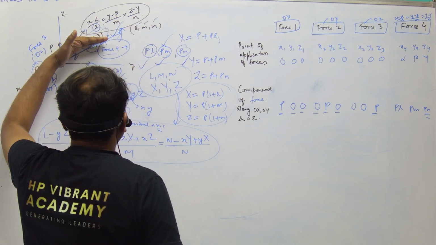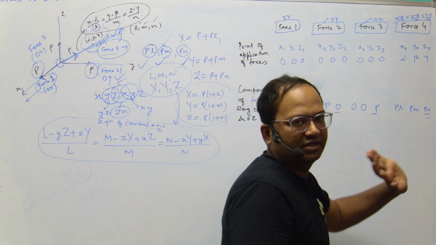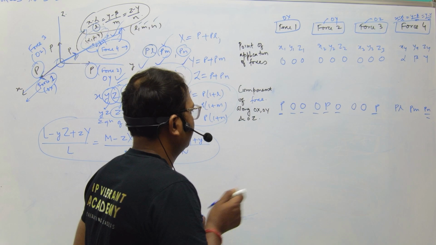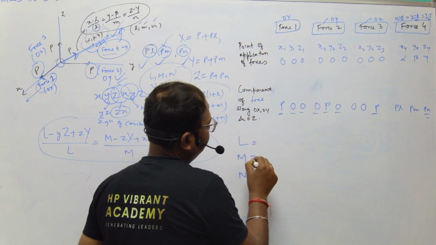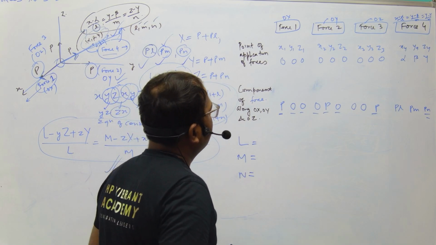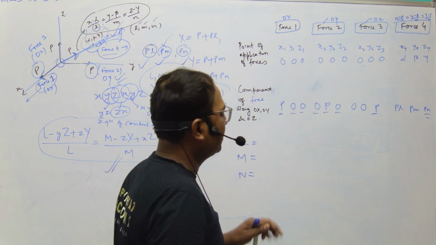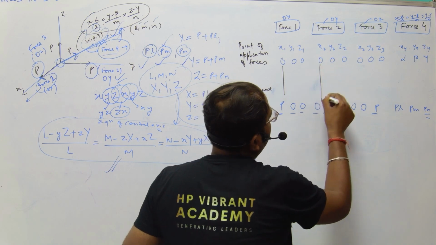Similarly, component of this force 4 along z direction is PN. So we have PL, PM and PN. Okay, so now let us calculate the value of L, M, N. Okay, so this is L, this is M and this is N. Okay, after that we will put in this particular expression. Okay, so for calculating L, M and N, what is the trick? For calculating L, let us hide this one.